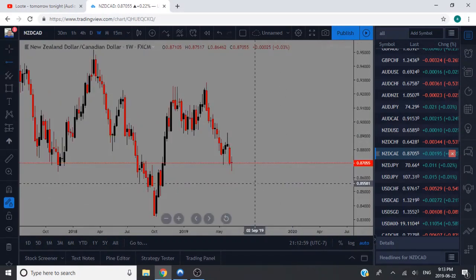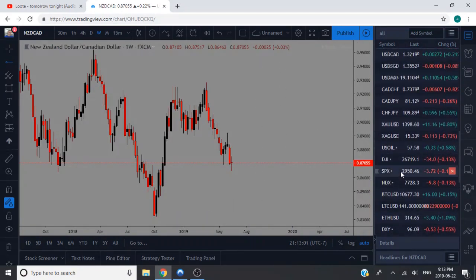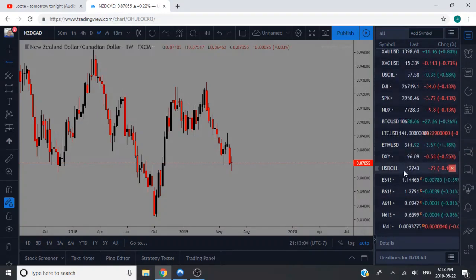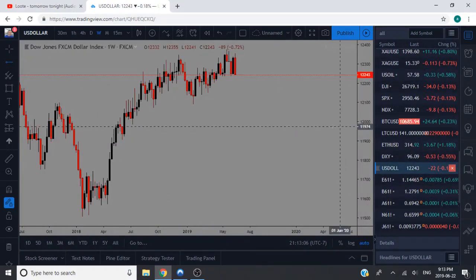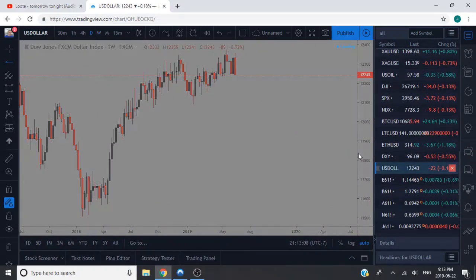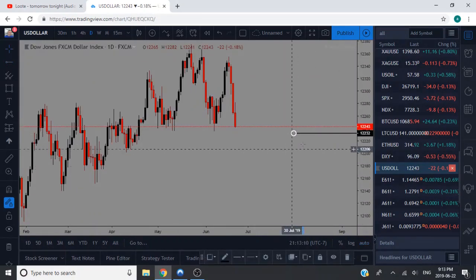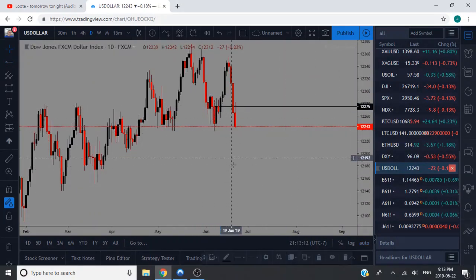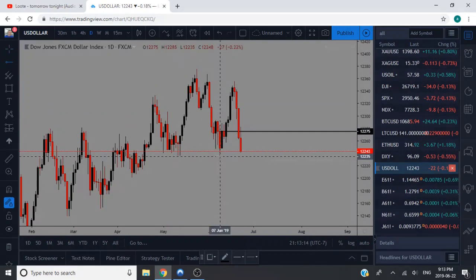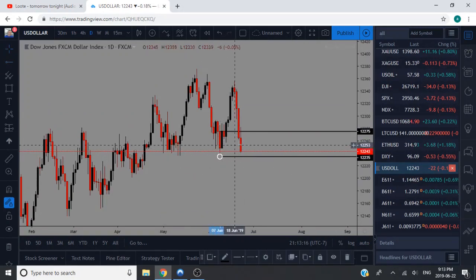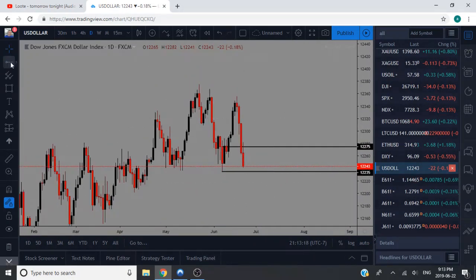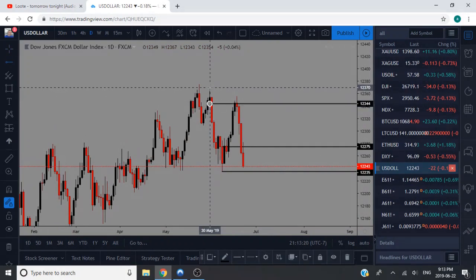Oh, I was going to show you the US dollar. If we look at the US dollar, you can see we're coming back into that daily demand down here. So a lot of setups are happening on the US dollar. We talked about how this was the level I was watching for shorts. We were coming into that Fed FOMC release.